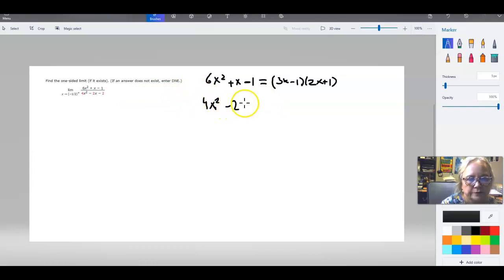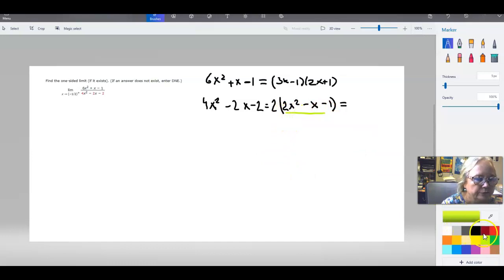Now we factor 4x squared minus 2x minus 2. Let's notice that 2 is a common factor. We always start with factoring out the common factor. So you get 2 times 2x squared minus x minus 1. Now we factor that trinomial over here. We will do the same way as we did that trinomial in the numerator.